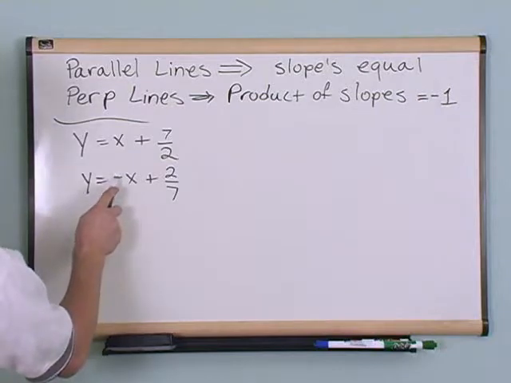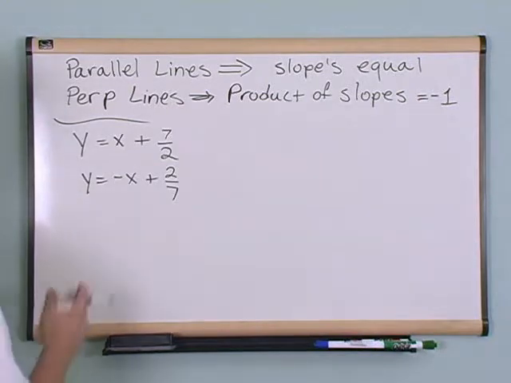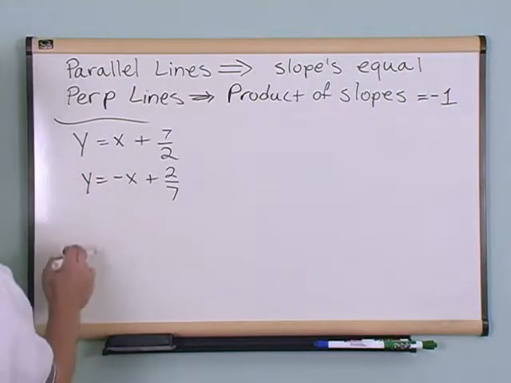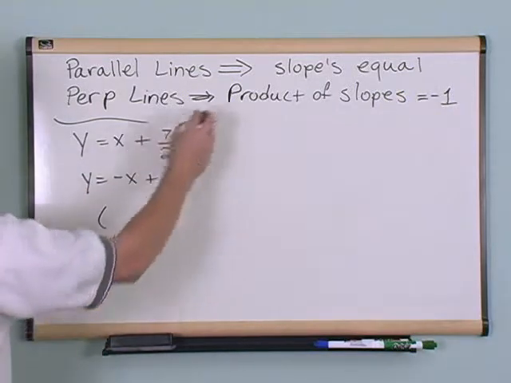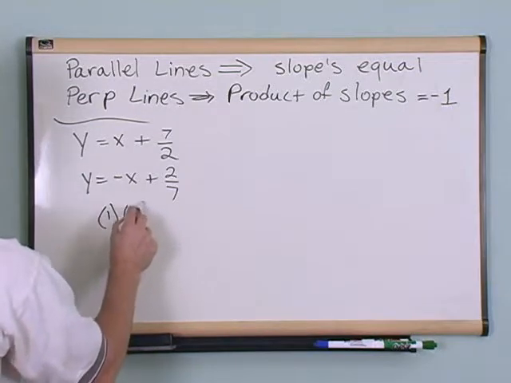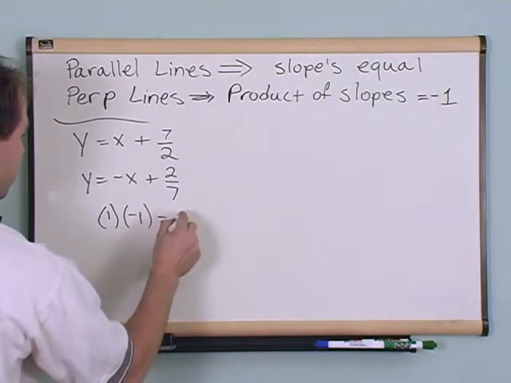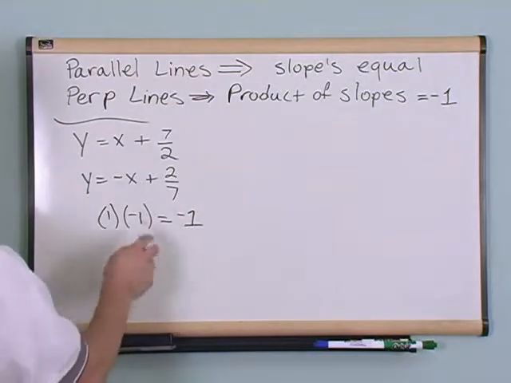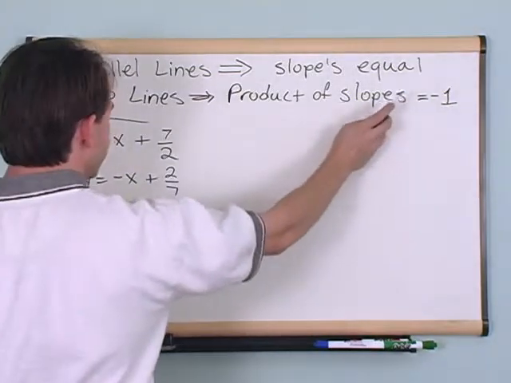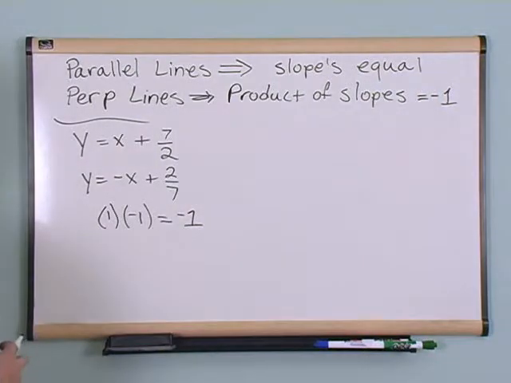The slope of this is -1, so they're not parallel. Let's check and see if they're perpendicular. To do that, we multiply the slopes. This slope is 1. This slope is -1. You multiply those together, bingo, you get -1. Because the slope of this times the slope of this line is -1, these two lines are perpendicular.